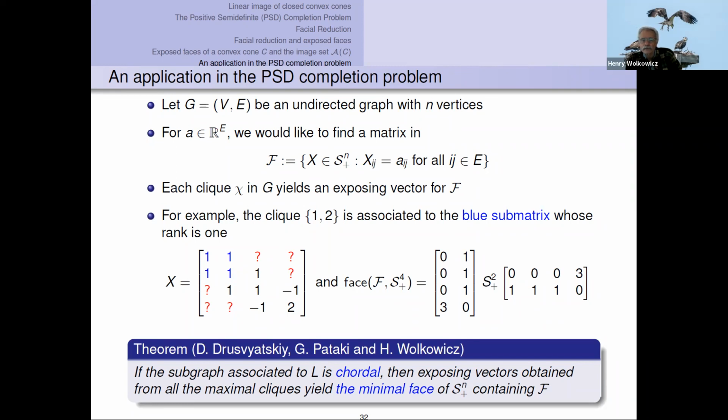Same with the positive definite completion. If you have a principal minor that's not full rank, then you cannot complete the matrix to full rank. So if you're trying to do a PSD completion and you have a principal submatrix which is not full rank, then you're stuck. You can never complete to positive definite.